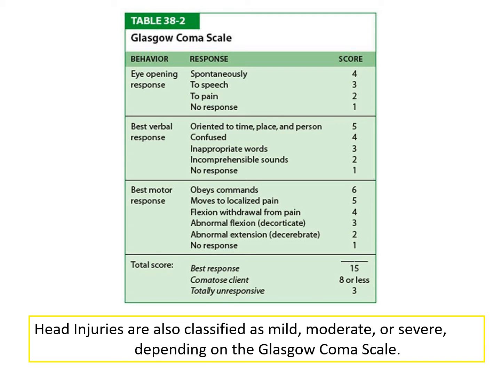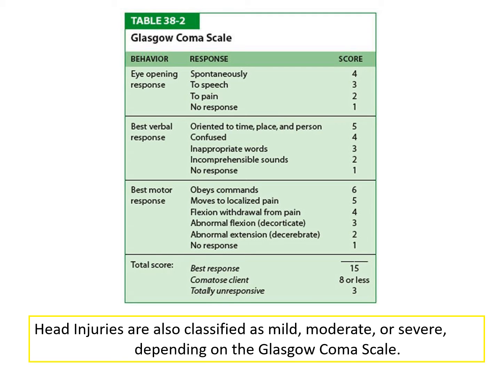You can see here that the worst score you can get on the scale is a 3, because that means the patient is totally unresponsive. For example, let's look at the scale for eye opening. They do not open their eyes. There's no response. They get a 1. They have no verbal response. They get a 1. They have no motor response.